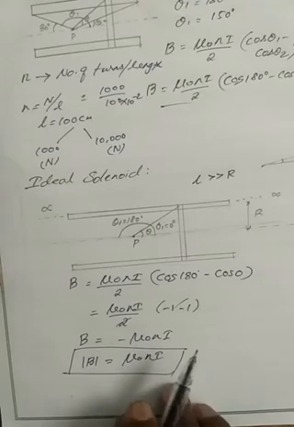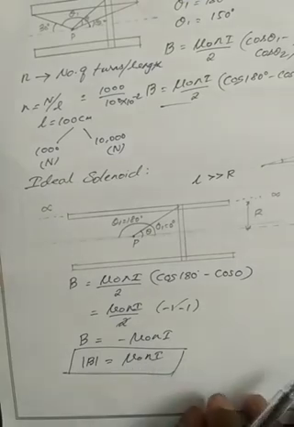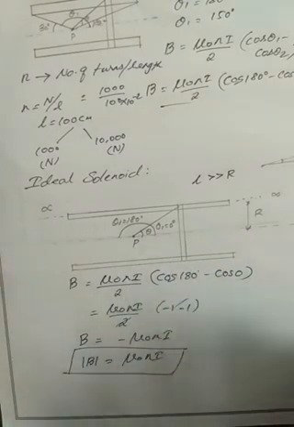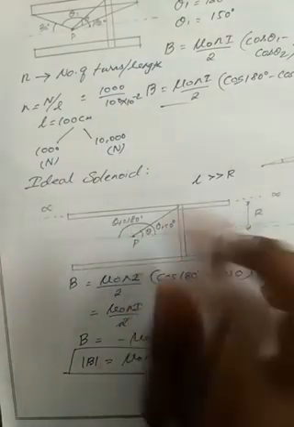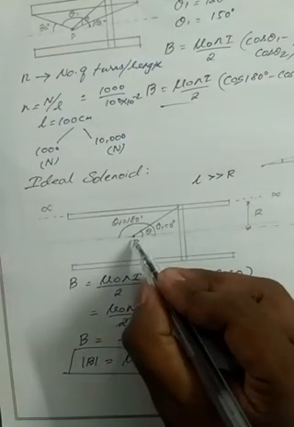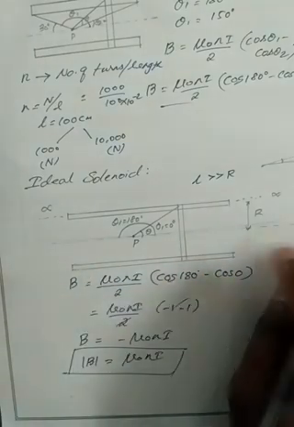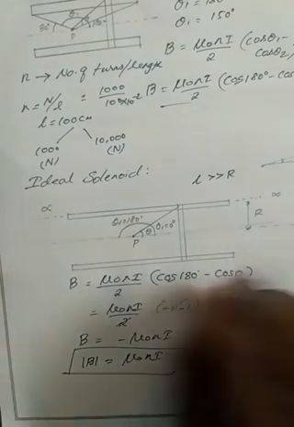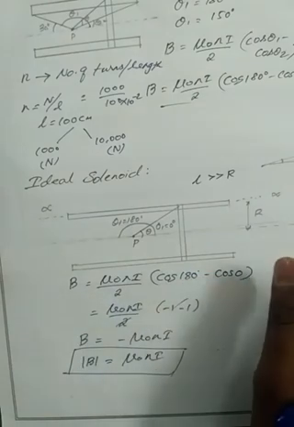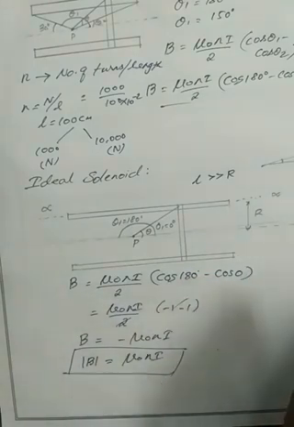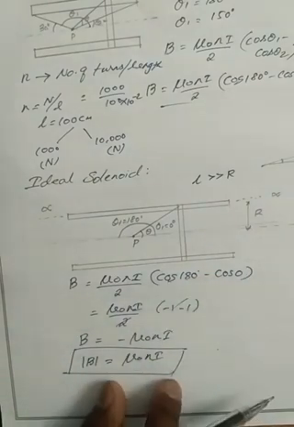This magnetic field will be equal inside the solenoid at any point. If we take any point, I take P here, here or any point, the magnetic field will be equal, because it is of infinite length. So you can take P at any point and get the same magnitude of magnetic field.